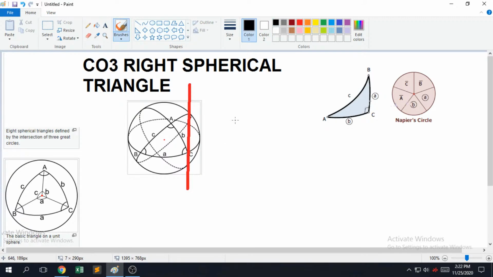It will only create a small piece of that sphere, and since it didn't pass through the center point, we cannot call that a great circle. This is not a great circle.